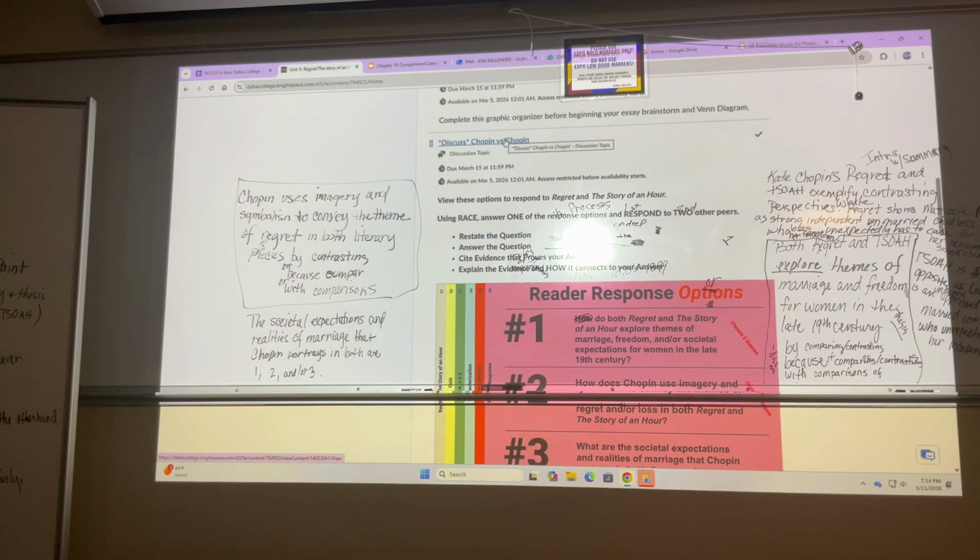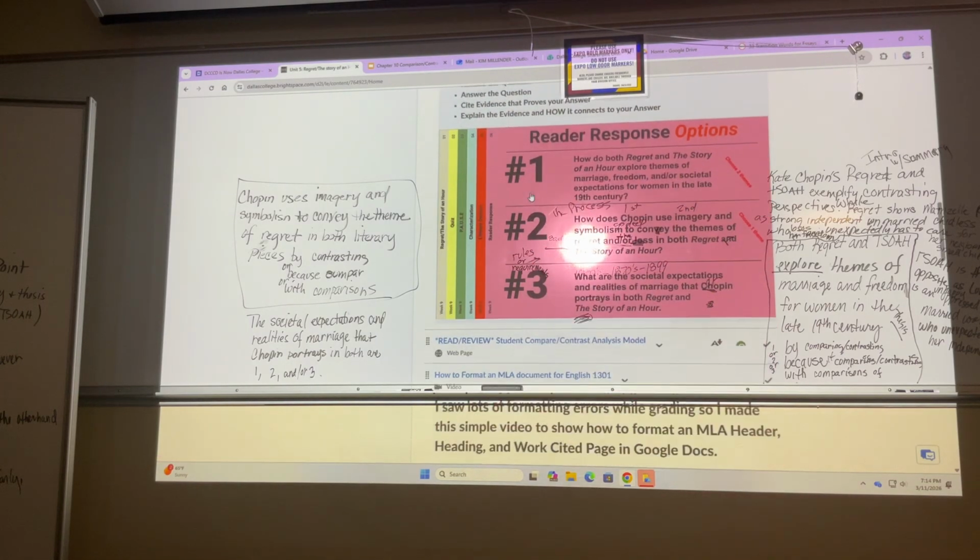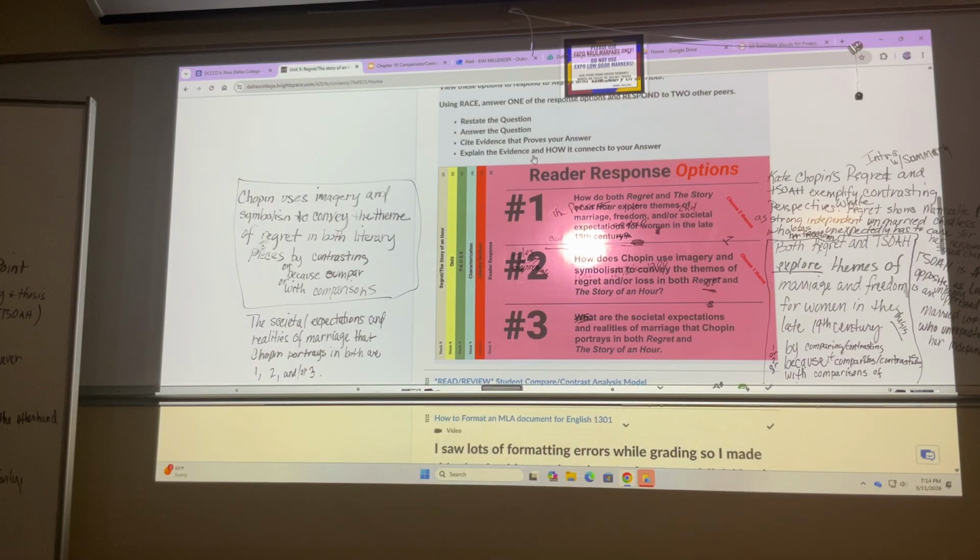So you click on it, and you go into the assignment. It will not let you see anyone else's until you post your discussion. And your answer should be written in RACE. What I'm gonna tell you now is that you just saw how I changed it, so make sure your answer matches how we changed it, if you have not done it, okay?